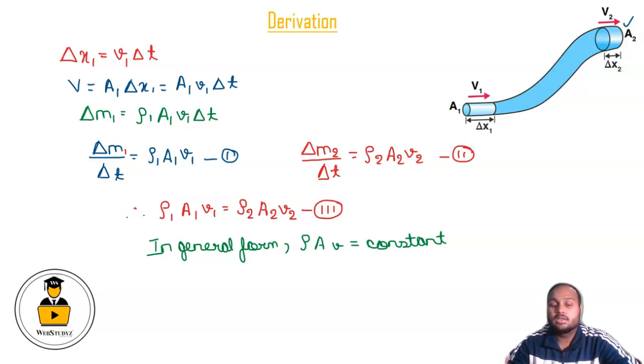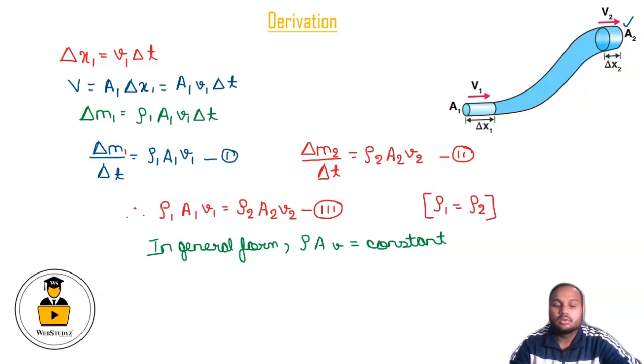Also, if the fluid is incompressible, as we have read in the assumption, then density will remain constant for steady flow. So here our density rho 1 is equal to density rho 2.